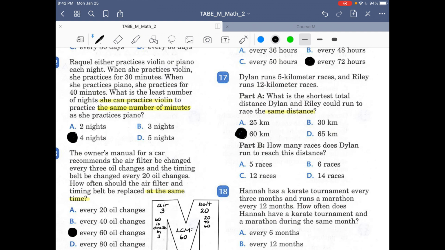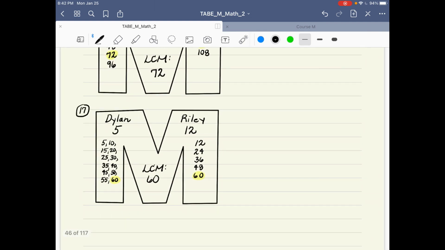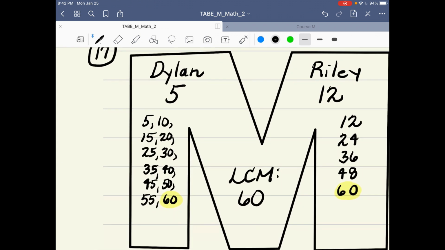Part B says how many races does Dylan have to run to reach this distance? So if we look back over here and we count, this is why I wanted to list these. For Dylan, it took us 12 races to get him to 60, where Riley only took 5 races to get there.